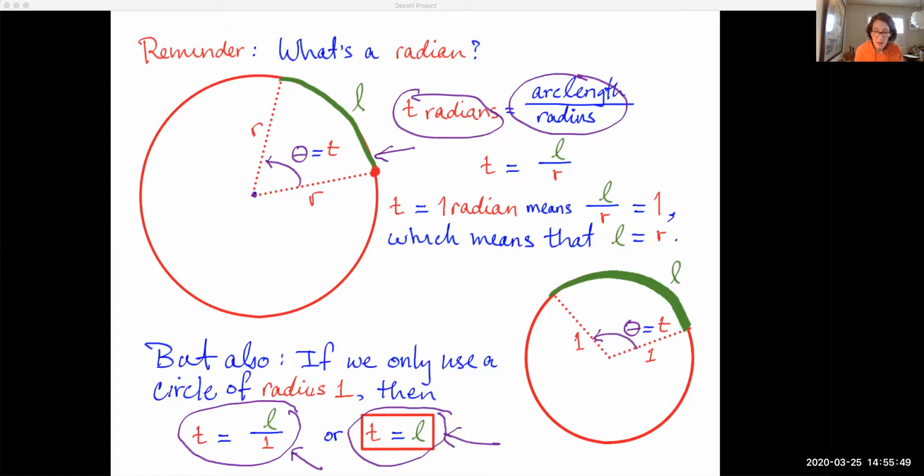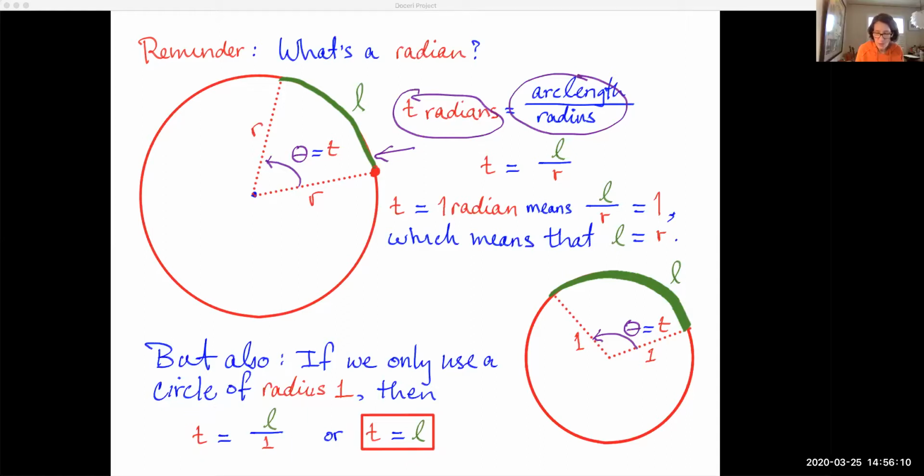So it's because of the ratio. The number of radians in the angle is the same as L over r. But if r is 1, then it's just L. Does that help? Mm-hmm. We'll talk again later.